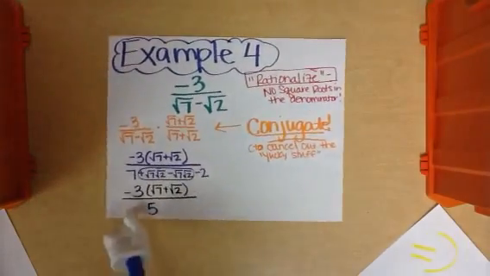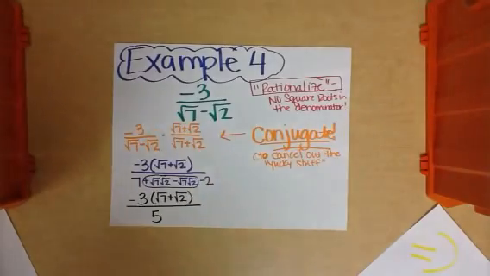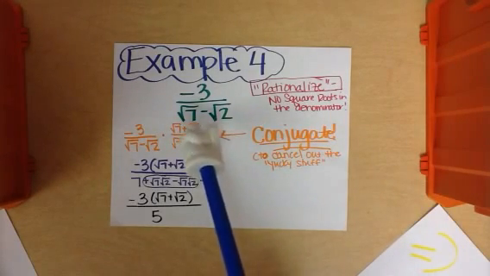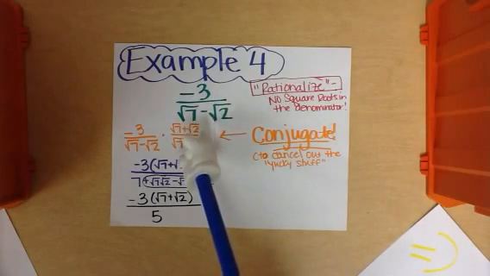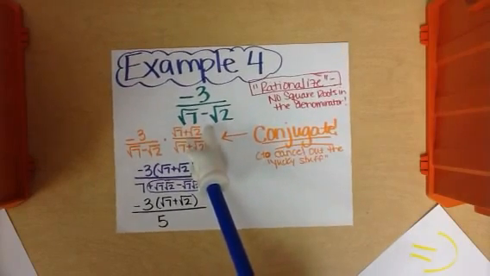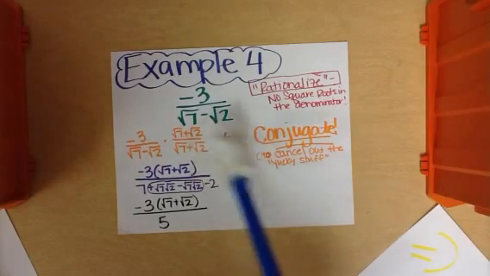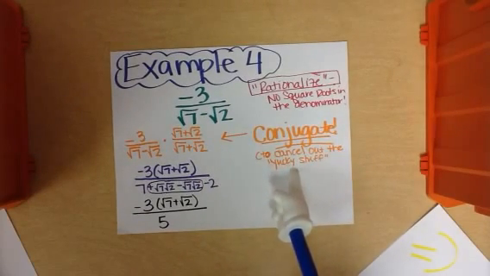And example number 4 is trying to rationalize the denominator, and in order to do this, you have to use the conjugate. In the last unit, whenever you multiplied one negative and one positive, it would cancel out the yucky stuff in the middle.